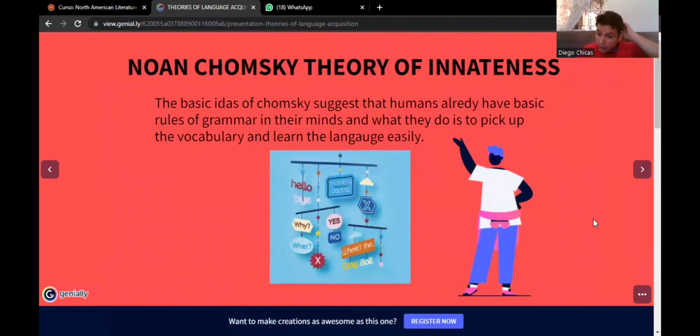With Noam Chomsky, I agree that we have that kind of basic knowledge about some rules and skills of a language, but I don't agree that that is enough.